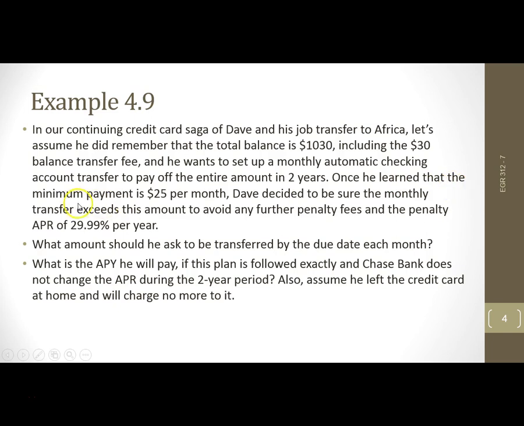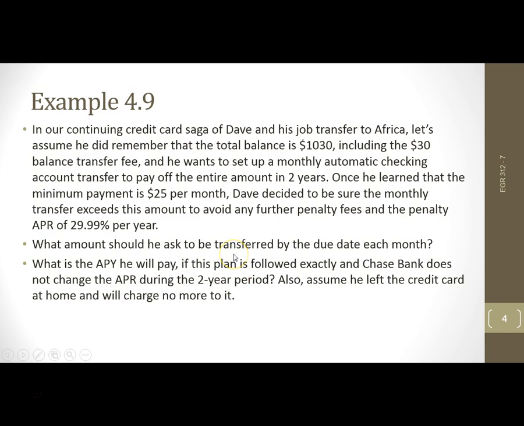Once he learned that the minimum payment is $25 per month, Dave decided to be sure the monthly transfer exceeds this amount to avoid further penalty fees, and the penalty APR is 29.99% per year. What amount should he ask to be transferred by the due date each month, and what APY will he pay if the plan is followed exactly and Chase Bank does not change the APR during the 2-year period? Also assume he left the credit card at home and will charge no more to it.